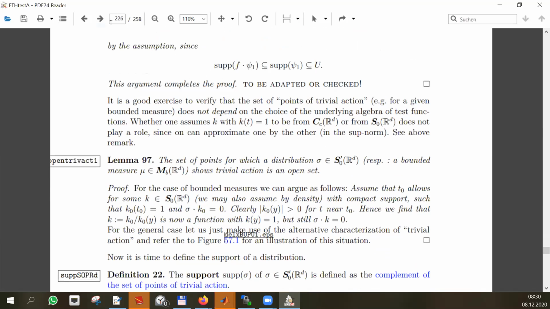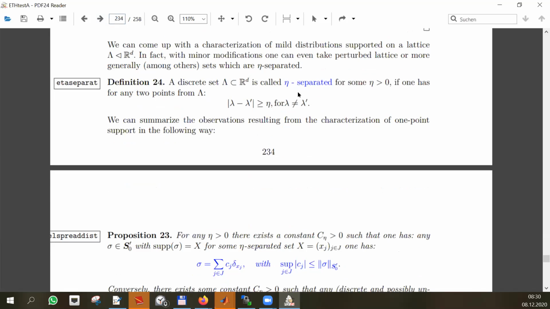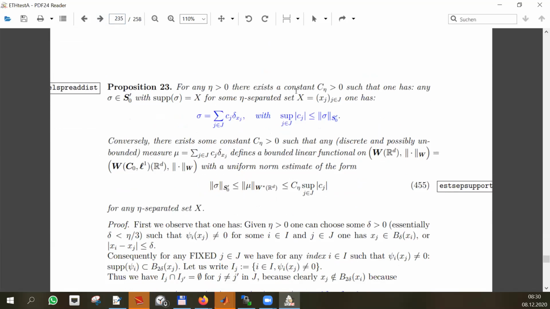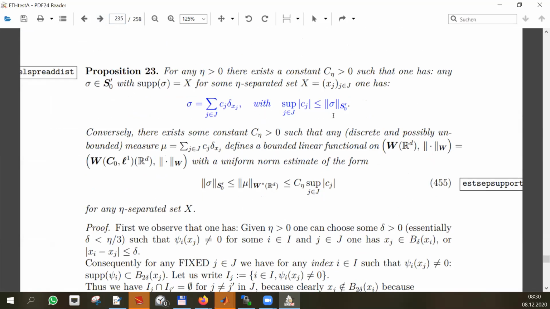Now let me come back to the statement, and I hope you can see now Proposition 23. Assume I'm telling you that I have, or you are telling me that you have, a mild distribution, but somehow you have recognized that the support is an eta separated set.